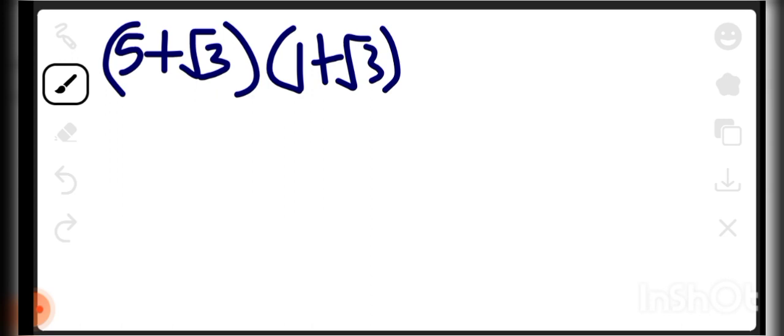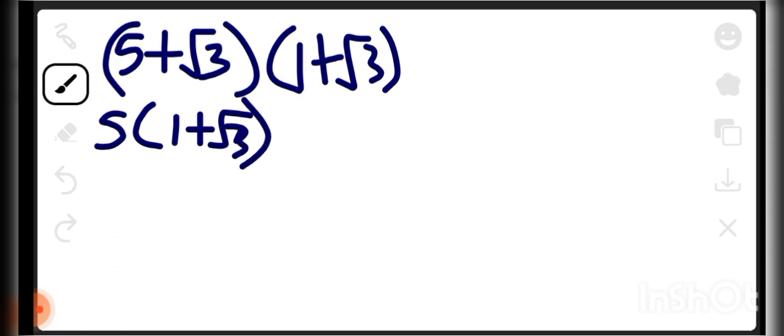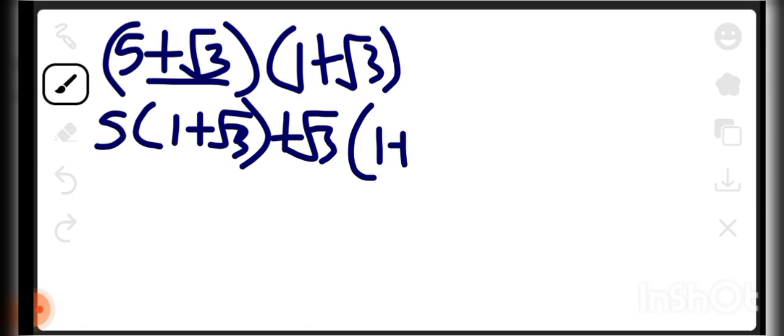So how are we going to do this? Remember, this 5 multiplies everything first, 1 plus root 3. Then this plus root 3 also multiplies everything again, 1 plus root 3.